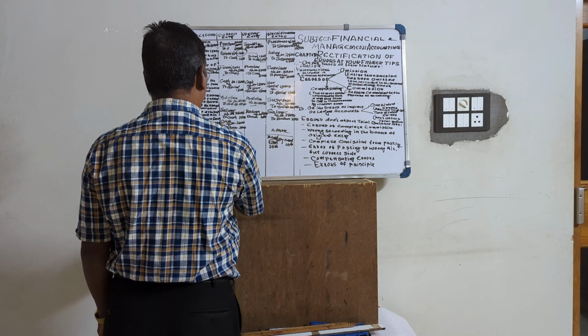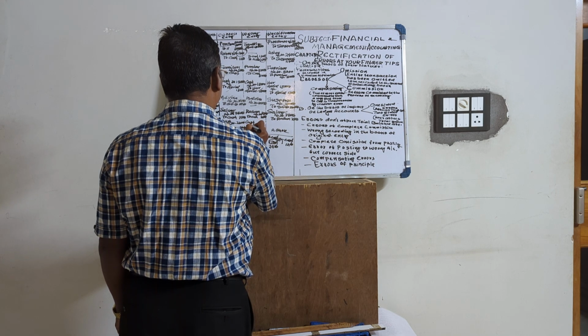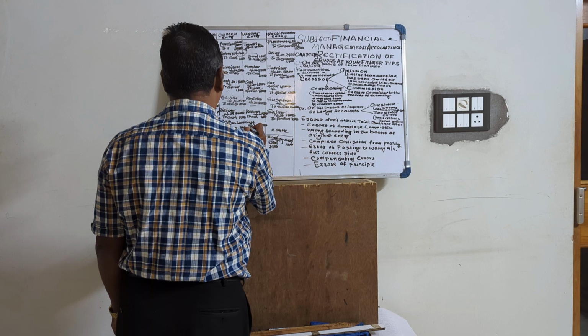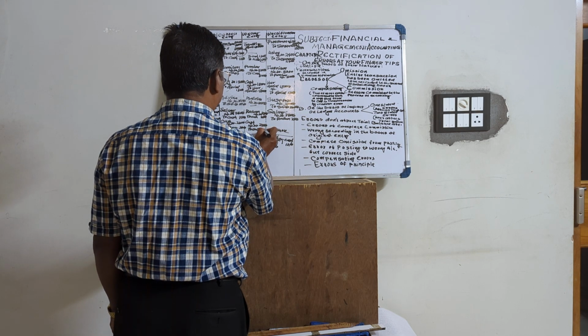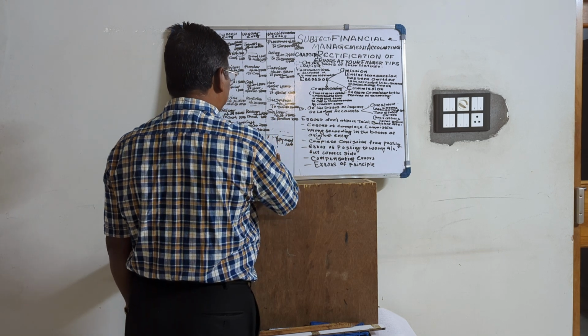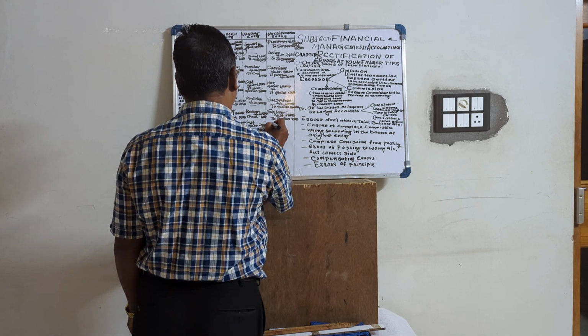But what is wrongly done? It is done cash account debited 2,800 to sales. So the sales account will be debited to close the wrong sales account.